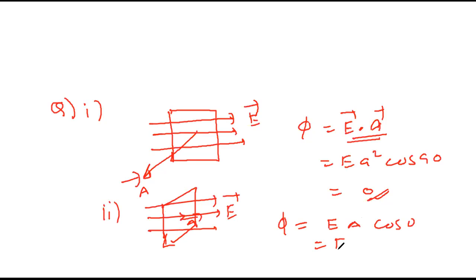That is, can I say E into A square, if the side is A, cos 0 is 1, E A square. Okay. Can you tell me what will be the direction of this flux? No direction, it is a scalar quantity. Okay. Right.